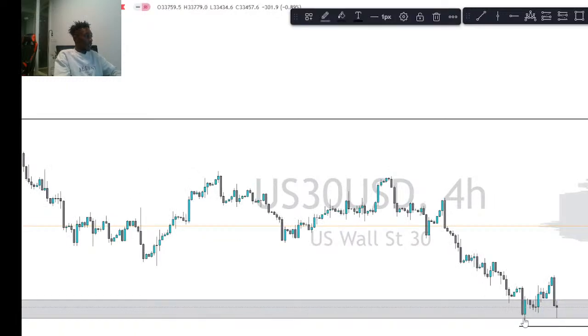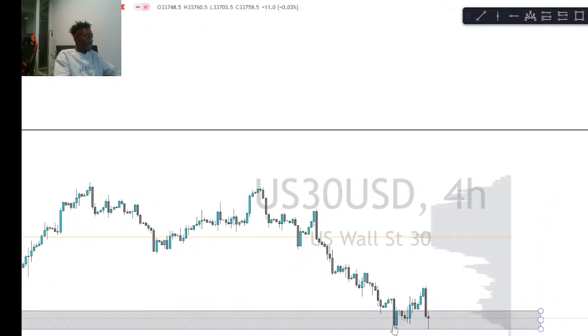We can see the market created a false breakout on the zone, and now it's sitting inside the zone. That's what we are interested in: seeing the market sitting inside the demand zone, not breaking below.